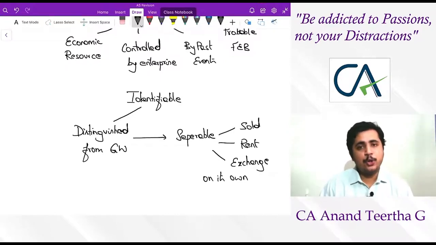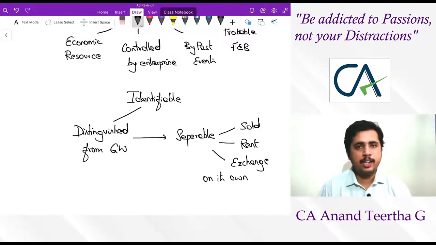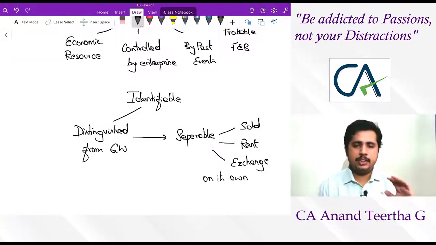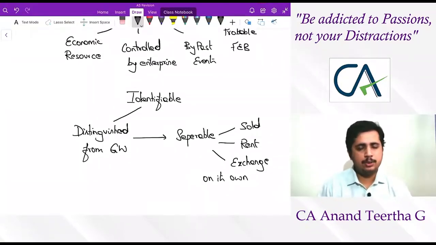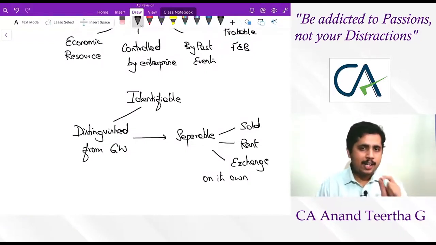But think about goodwill. What did we write? We wrote distinguished from goodwill. Now, why is that word goodwill used over there? Goodwill is basically your reputation. For example, say you have got a shop adjacent to your house and that shop has got a very good reputation. Can you go and get only that reputation?